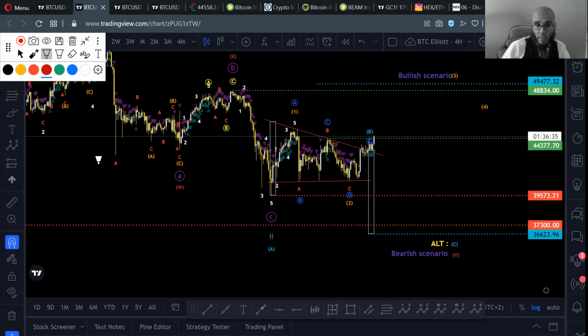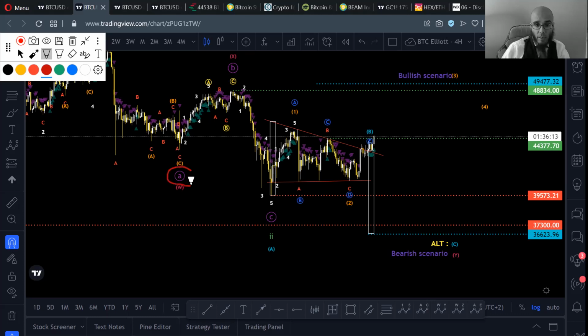I'll think about it again and see if I can come up with another bearish scenario, but I don't think so. According to me, the bearish scenario could be neglected. We could be fully bullish now. But I'll check it until tomorrow. What I can tell you is that my favorite count is the bullish scenario.